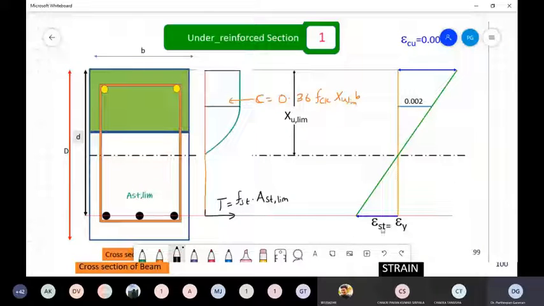Now because your steel started yielding here, because strain is yield strain, this FST becomes 0.87 Fy, because it has attained full value. FST means all the steel, 1, 2, 3, all these three bars have started yielding. So stress in each steel will be 0.87 Fy, and the corresponding area is AST limit.